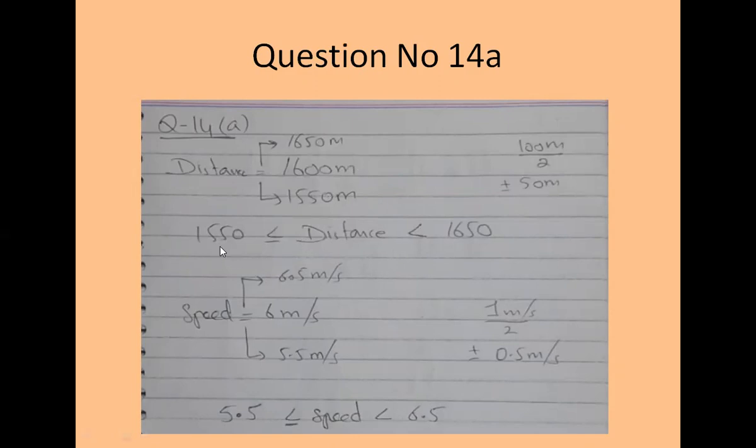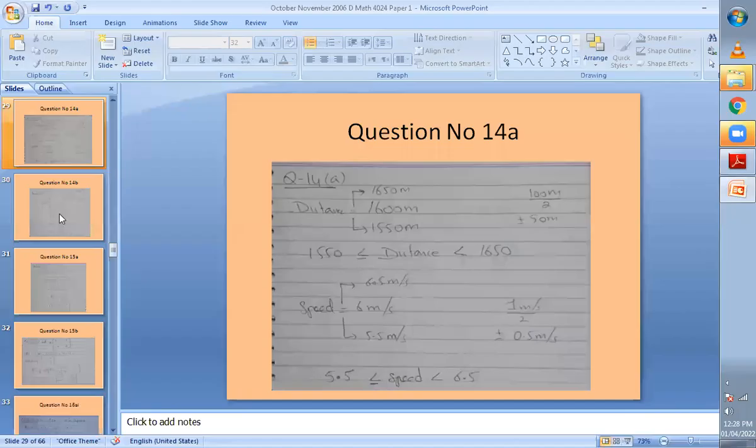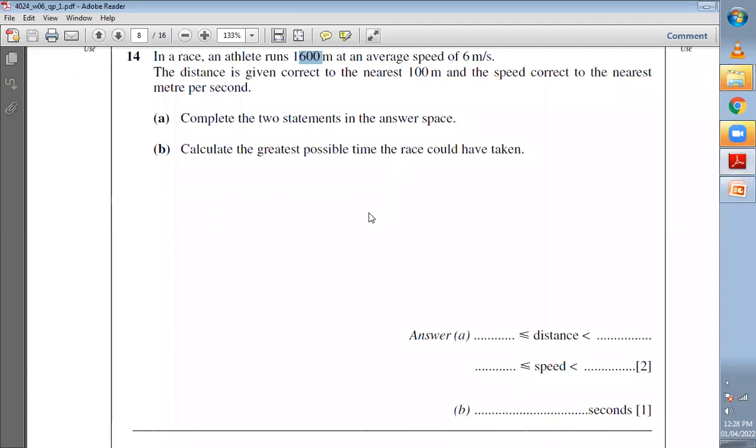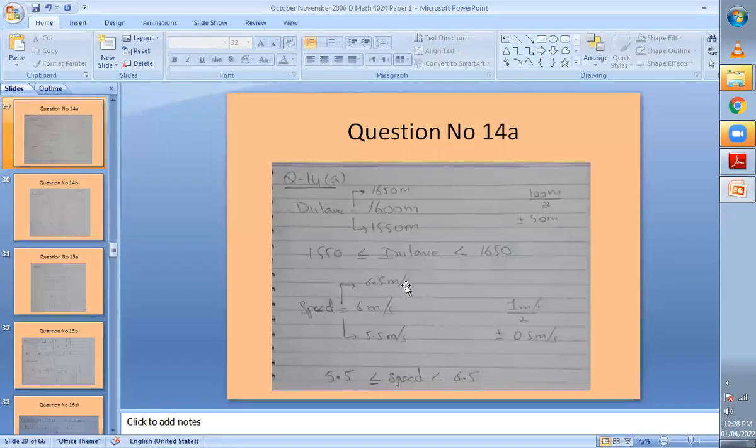So I can write in the sentence, the distance is greater than or equal to 1550 and less than 1650. Here we have the second part, the speed, and for speed I have to do the same thing. We have to find the upper bound and lower bound. The speed is 6 meters per second, correct to 1 meter per second.